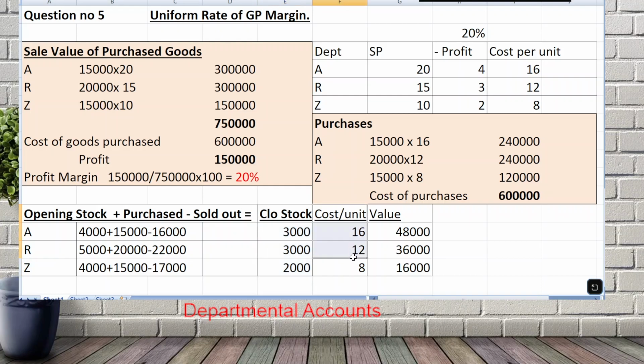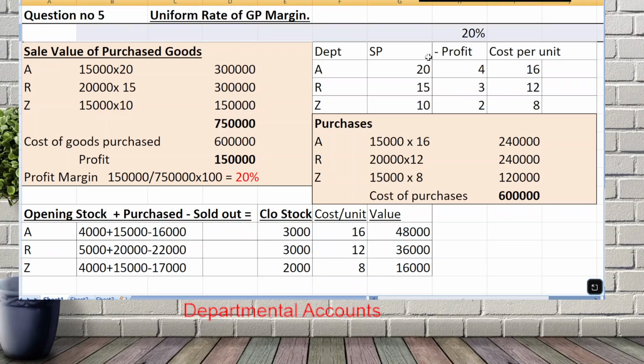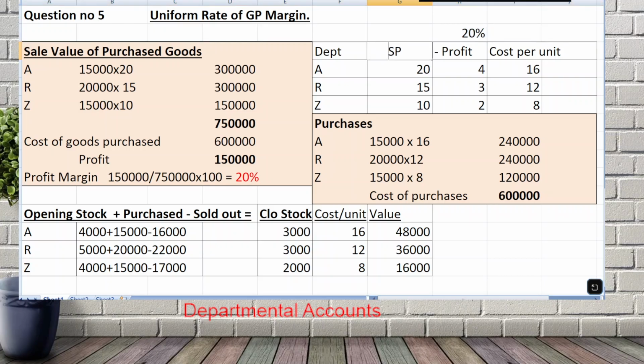Closing stock multiplied with cost will give us which one? Value. Cost per unit is 16, 12 and 8.